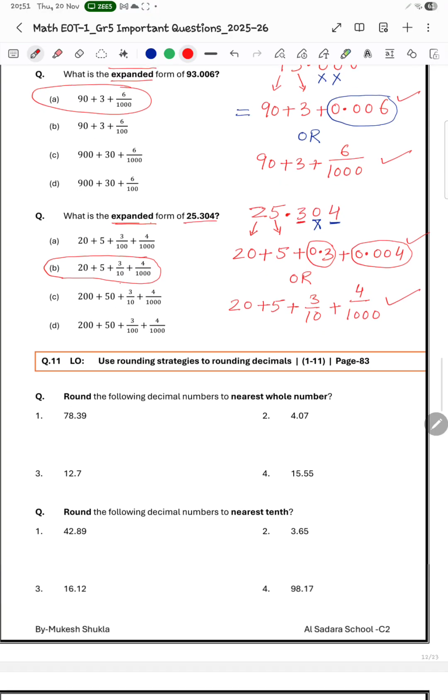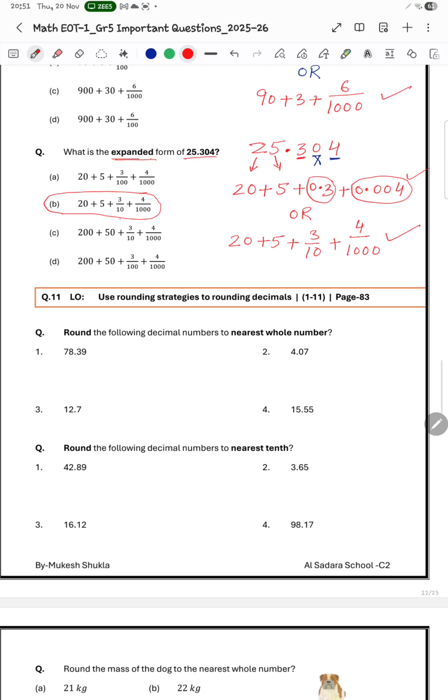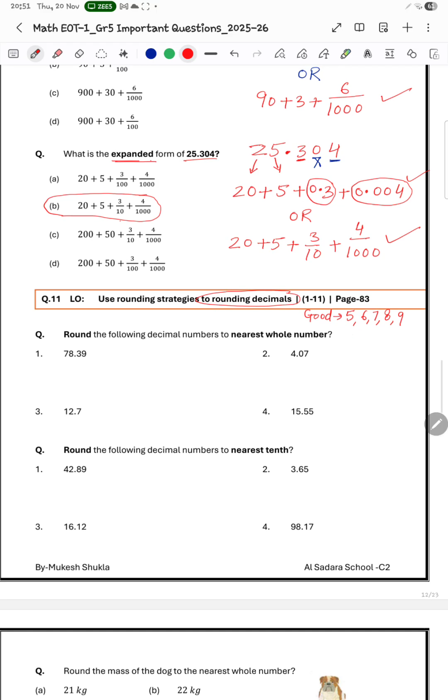Now, another important objective is rounding strategies to round decimals. This is very interesting and very important. But before rounding, I will tell you one thing. Any digit which is 5, 6, 7, 8 or 9, these are good digits, good. And digits which are less than 5 are not good. So we will say as bad.